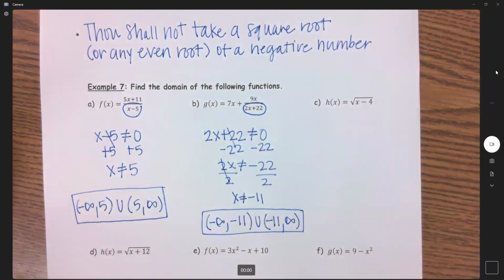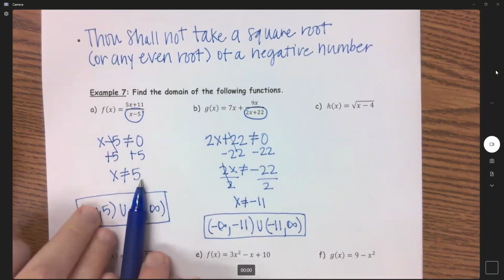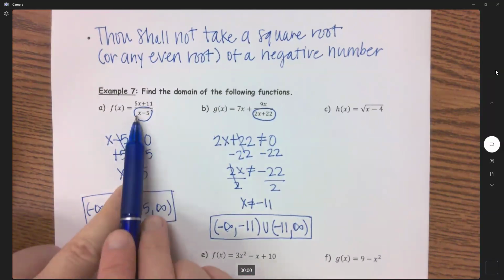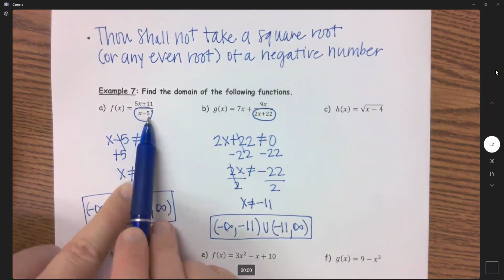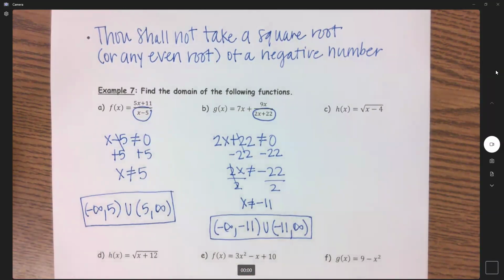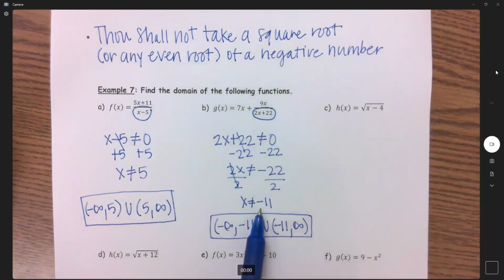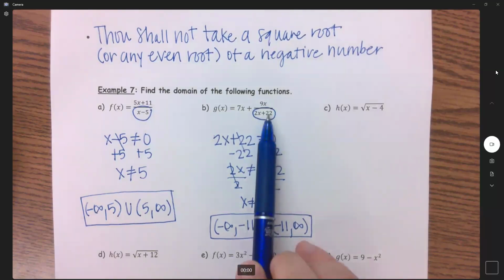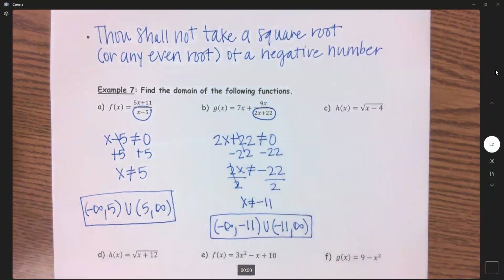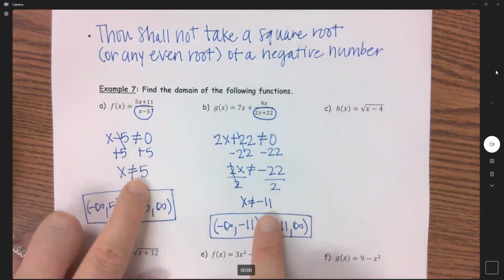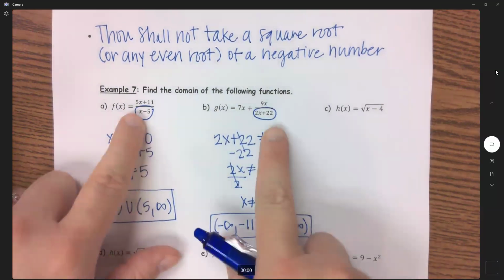And these are really easy to check. Let's go back to this one. If you plug in 5, 5 minus 5 gives me 0, so that would make me divide by 0. Here, if we plug in negative 11, 2 times negative 11 is negative 22, plus 22 is 0. So if my x equaled 5 or negative 11, we would be dividing by 0.